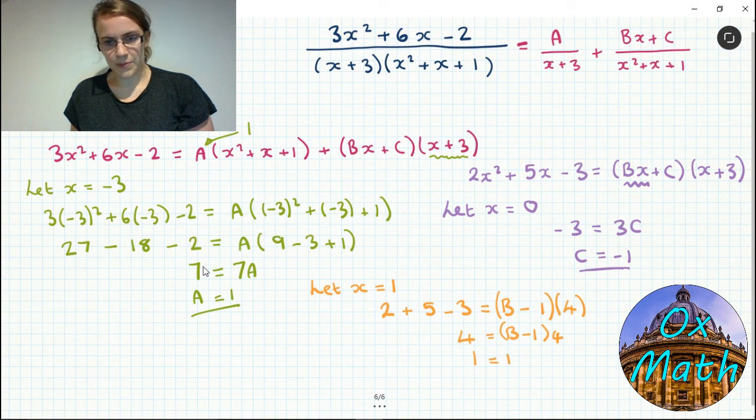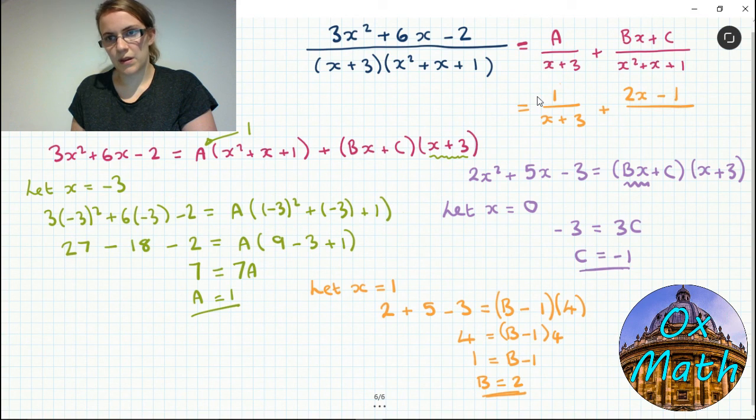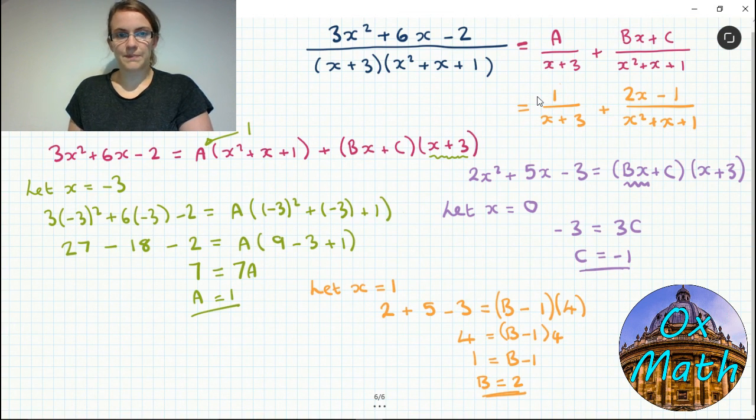So 1 equals B minus 1 and B equals 2. So now I have everything I need for my final answer, which is going to be A, which is 1, over x plus 3, plus Bx, B is 2, so 2x, plus C, C is minus 1, so minus 1, over x squared plus x plus 1, and again just multiply it out to check your answer is correct.